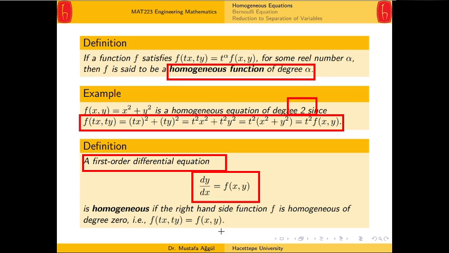Degree 0 means f of tx comma ty is equal to f of x comma y, because t to the 0 power is basically 1. So we can multiply the inputs by t and it will not change the function at all. It will give the exact same answer as if you put x comma y as your input values.